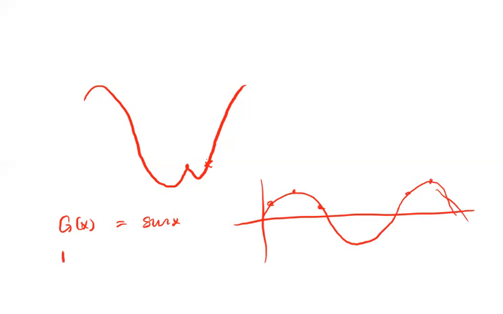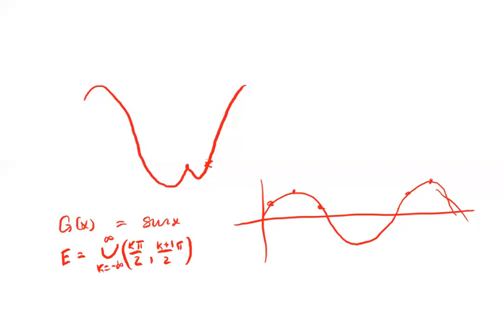So the E in this case is the union. Where are the maxima? At k pi over 2. I should have used the cosine. At (k plus 1) pi over 2, where k goes from negative infinity to infinity.